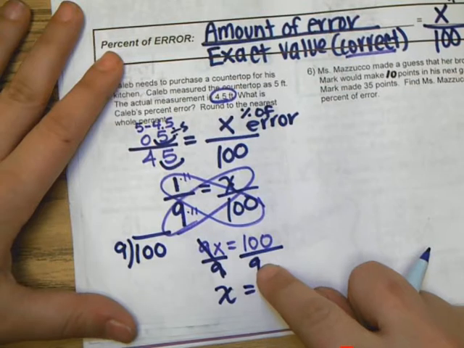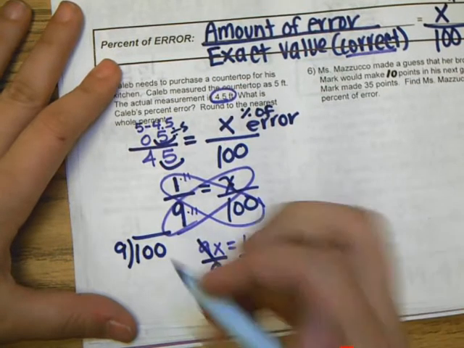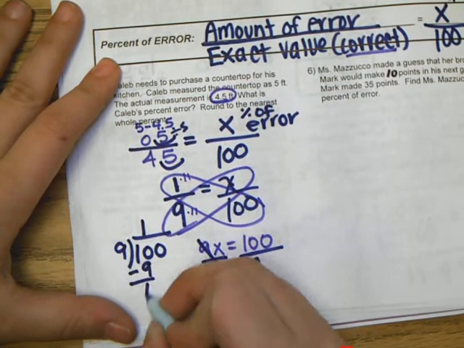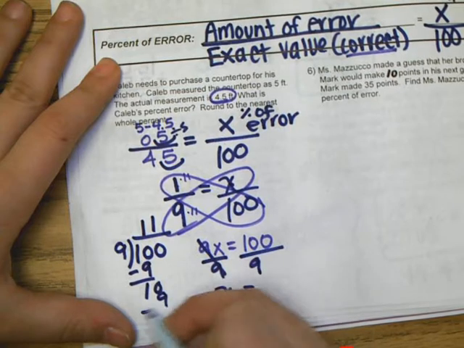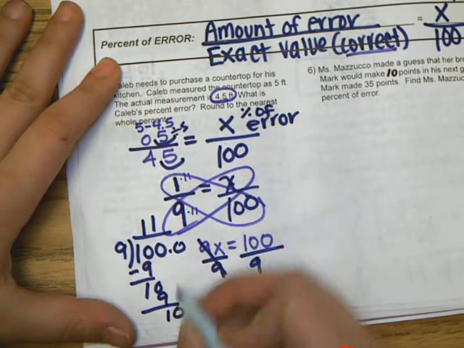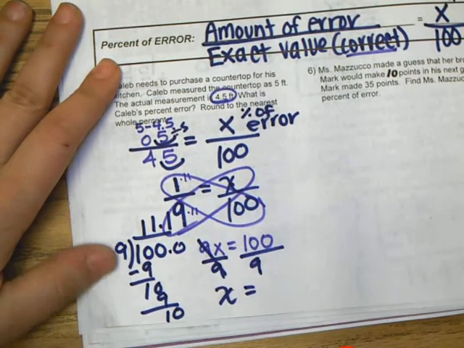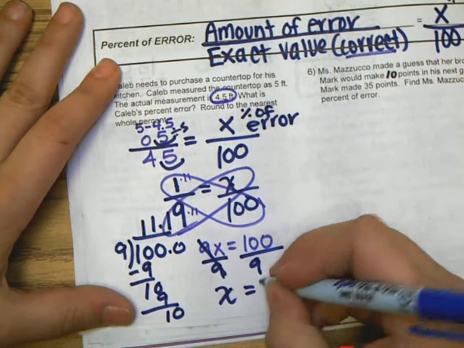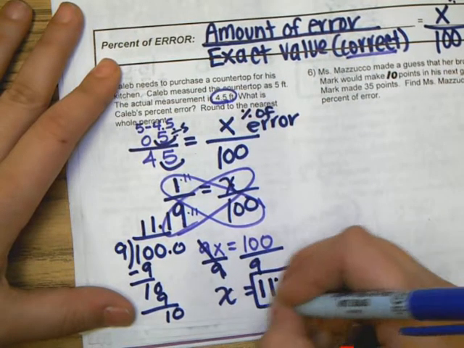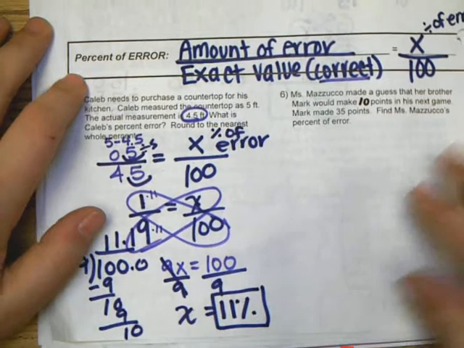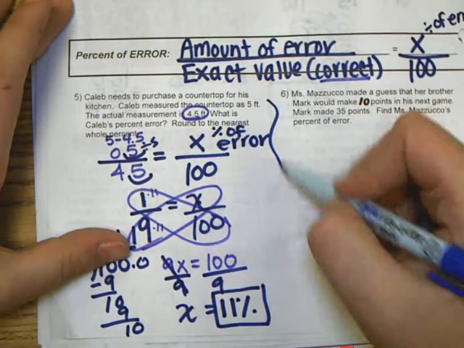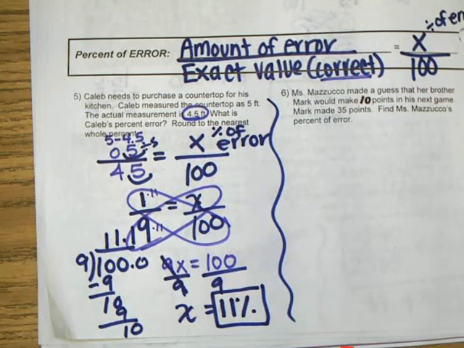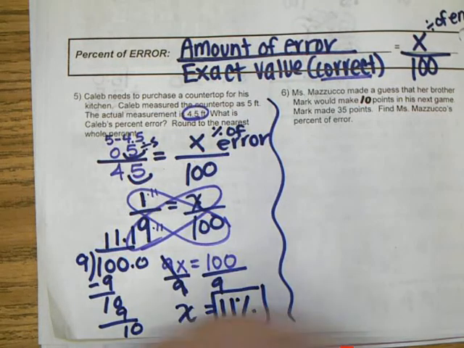Divide by 9. And in my head right now, I'm thinking, when you divide anything by 9, that's a repeating decimal. So round to the nearest whole percent, it's about an 11% error in measuring.